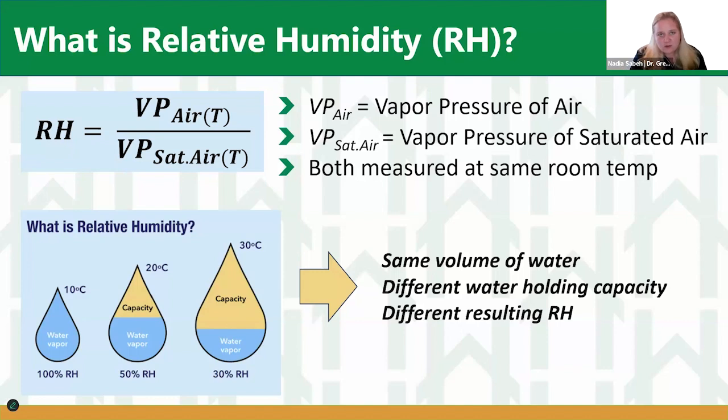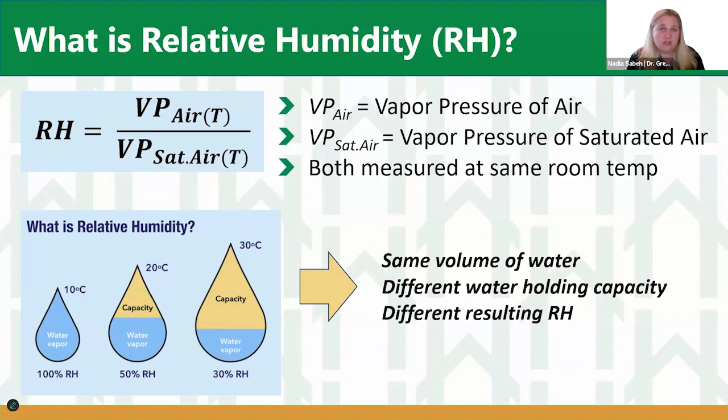So at 10 degrees Celsius, we could have a certain quantity of water that represents 100% relative humidity. But if we double the temperature of the air from 10 degrees to 20 degrees Celsius, we will now be at a relative humidity of 50% without changing anything about the content of the air.